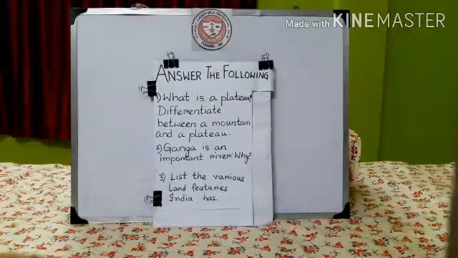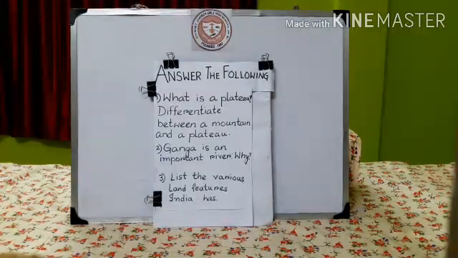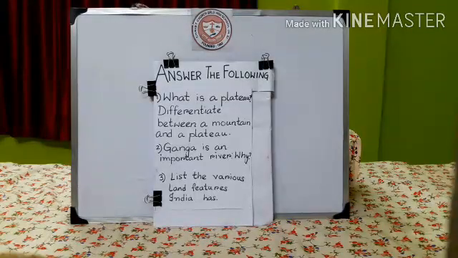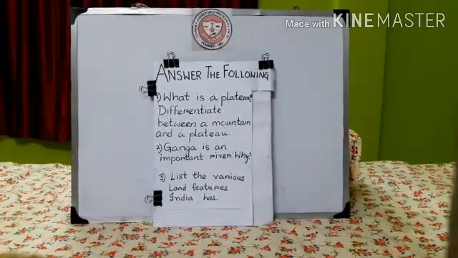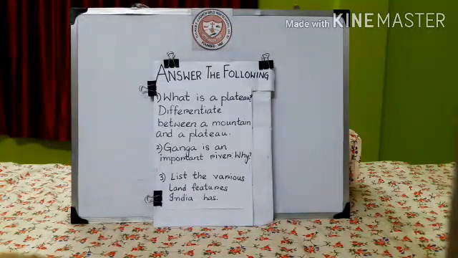Got it? So the first point you will write: mountains are a group of hills rising quite above the surroundings and have a pointed top called peak, whereas plateau is a high level land rising steeply from surrounding but with a flat top. The mountains have pointed top and plateau has flat top.